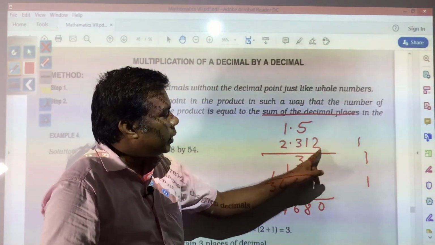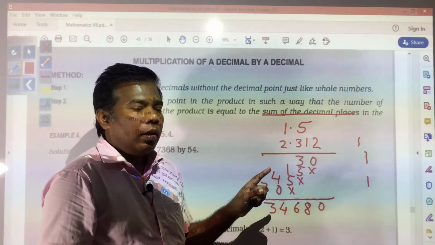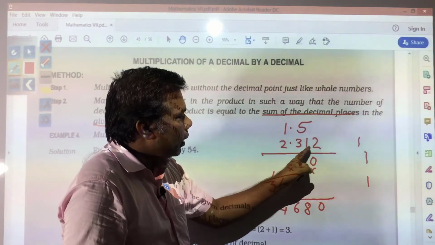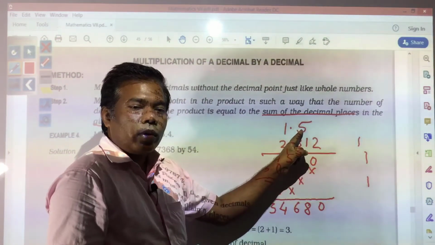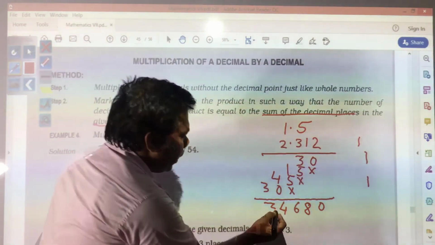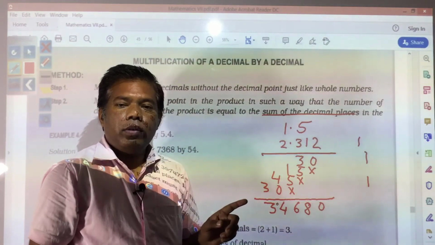After the decimal, how many digits you have? 1, 2, 3. Means 3 and 1, 4. Sum of decimal places will be 4. So, here you count 1, 2, 3, 4 and here you will put your decimal point: 3.4680.